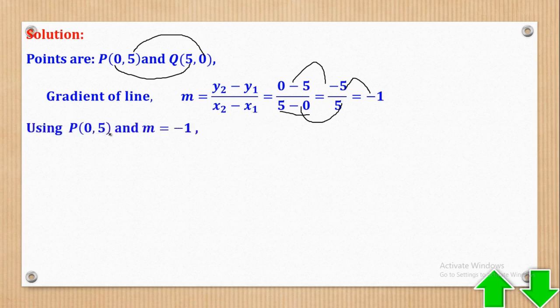So using that, this is the general equation for a straight line, and what we want to get is the y-intercept. There are 2 ways of getting the y-intercept. One is by substitution, another one is by sight or by inspection. We have to know that the y-intercept is the y-coordinate where the line cuts the y-axis.